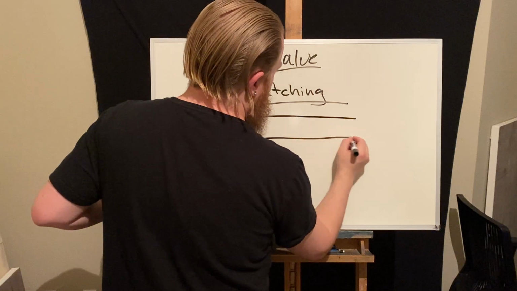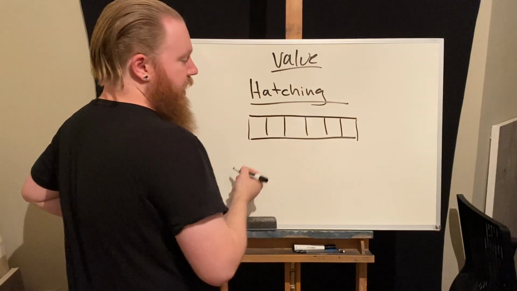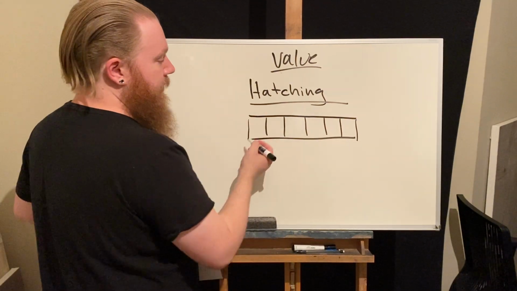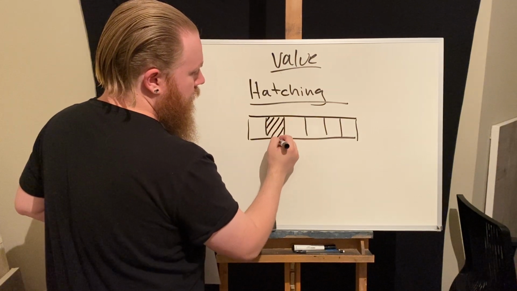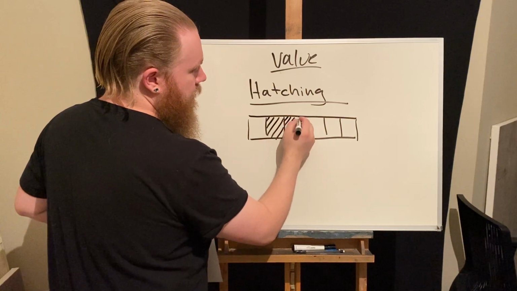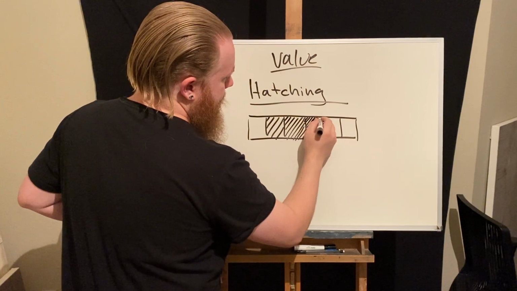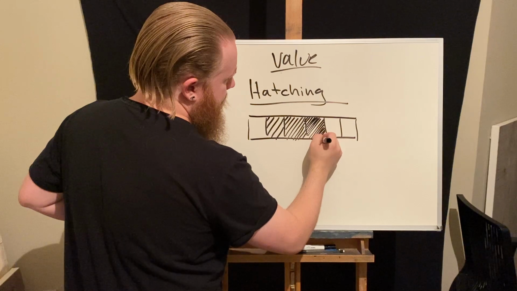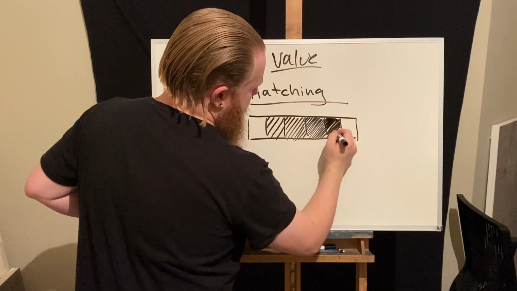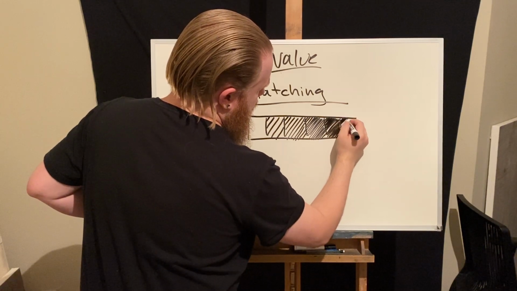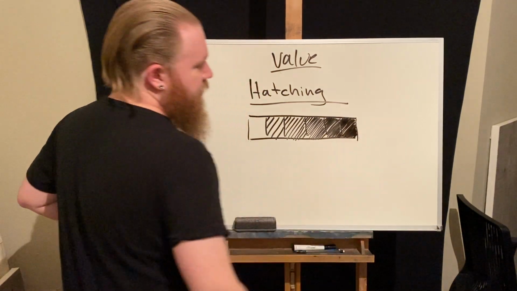So we can create a value scale out of it. So let's say we have a scale of hatching. Well, here we've got the white of our picture plane. And then we can create hatching to create a value scale.